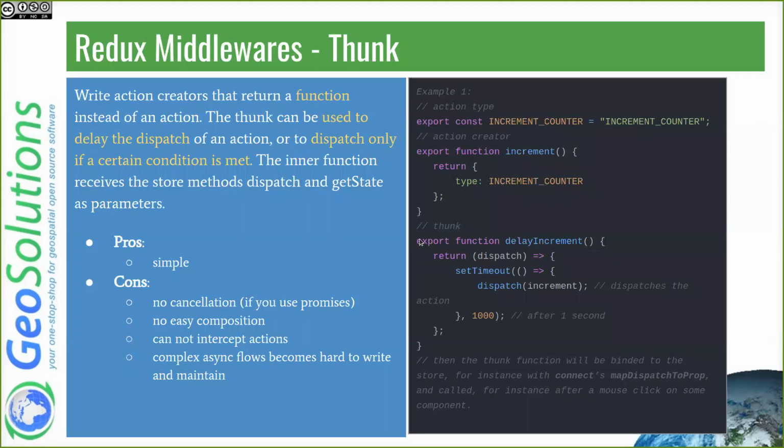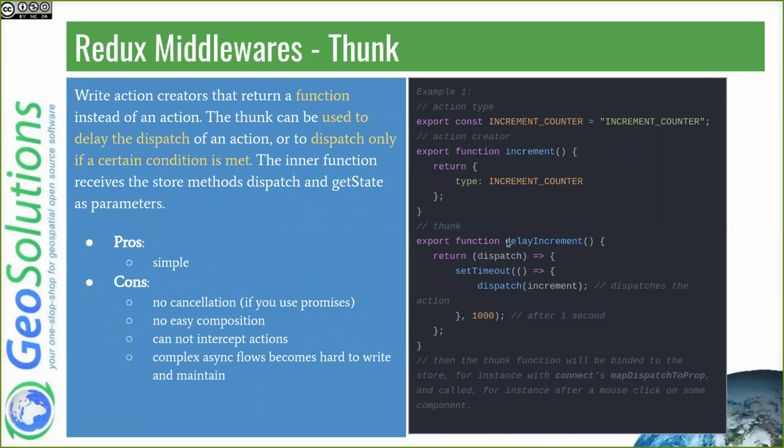So you can define an action creator this way, returning a function, and this dispatch method is a way to dispatch other actions.